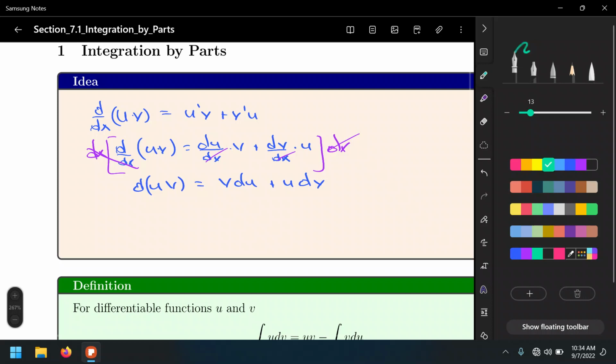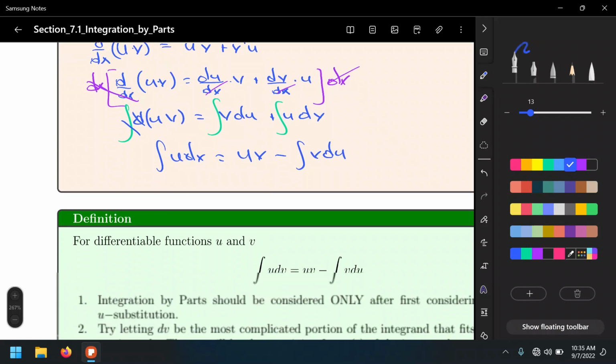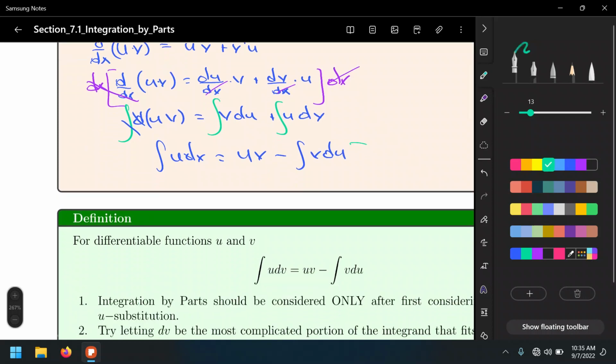So if we integrate both sides, we want to solve for the integral of u dv, which is uv minus this term right here, the integral of v du, which is the formula that we have over here.